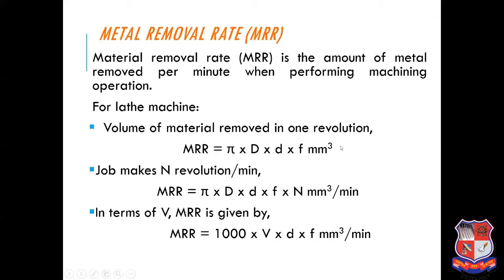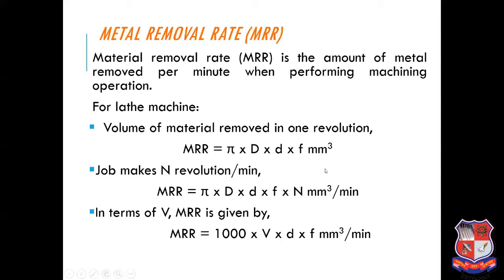That will give us the amount of material removed in millimeter cube per revolution when the job revolves by one revolution. But if the job revolves by N revolutions, then N is multiplied in this formula and it will become millimeter cube per minute.